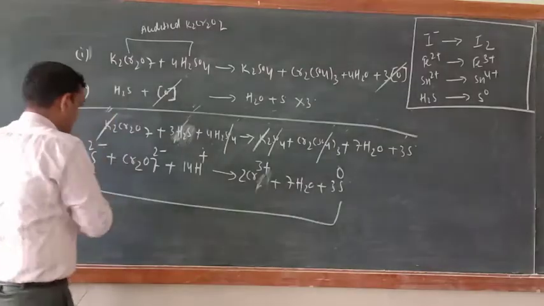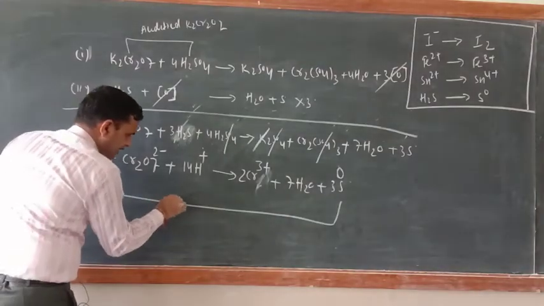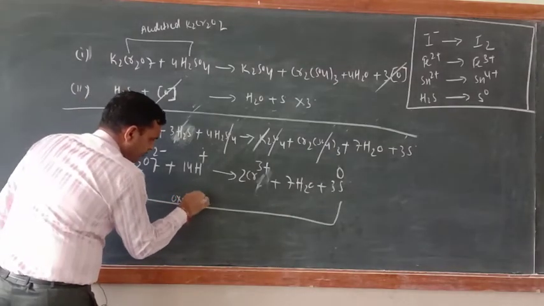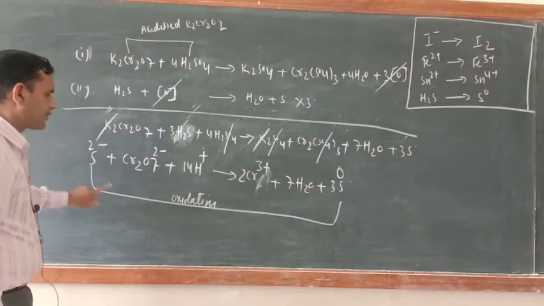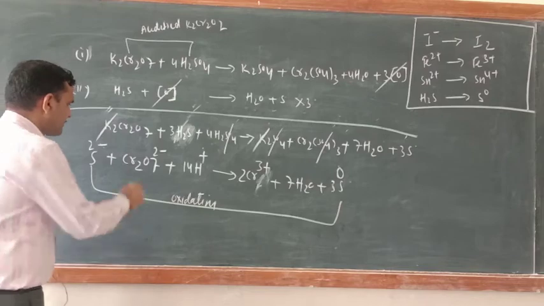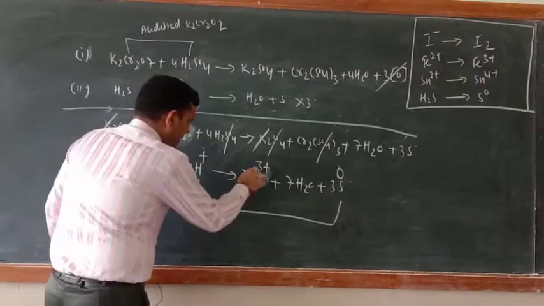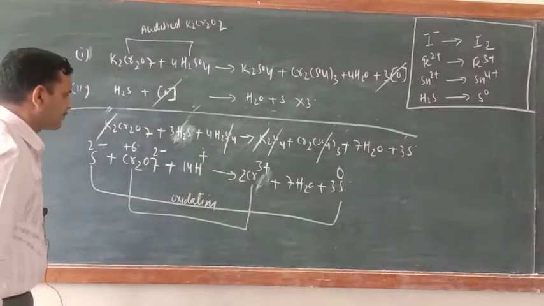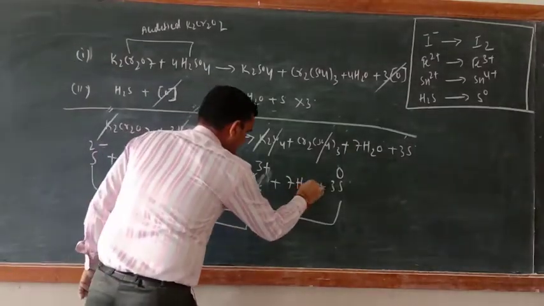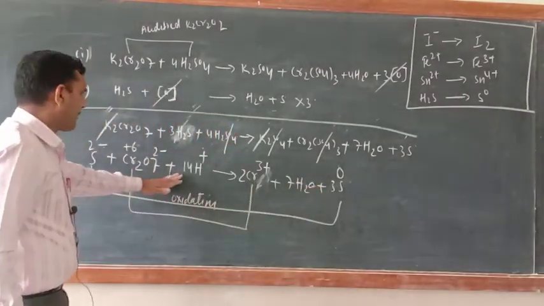What is this one? This is undergoing oxidation. Since it is undergoing oxidation, hence it is the reducing agent. Here plus 6 is undergoing reduction, hence it is the oxidizing agent. No problem at all.